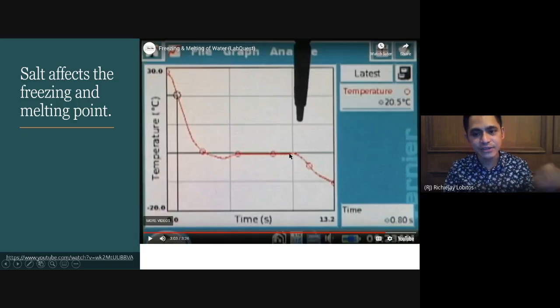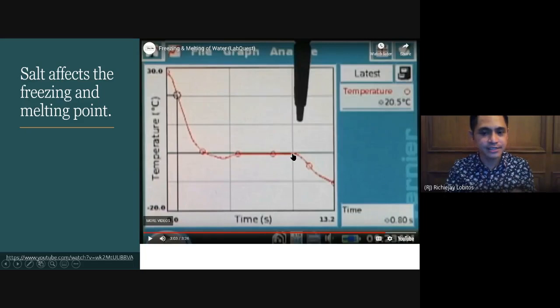As that continues on, as all the water molecules freeze, the temperature now goes down below 0 degrees Celsius. And that means with the addition of the salt in the water, the freezing point and the melting point went down. It decreases.